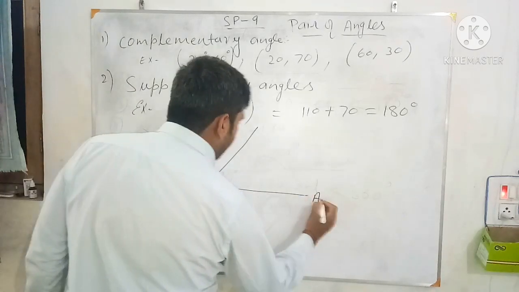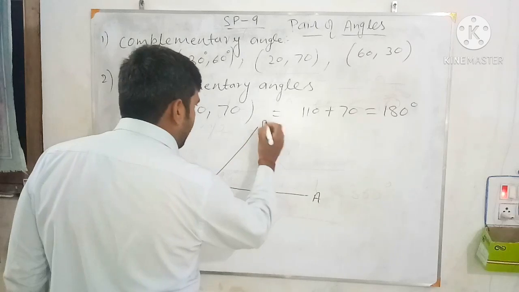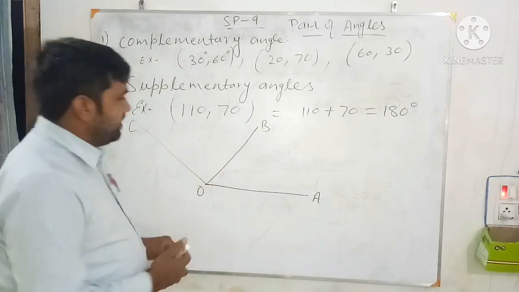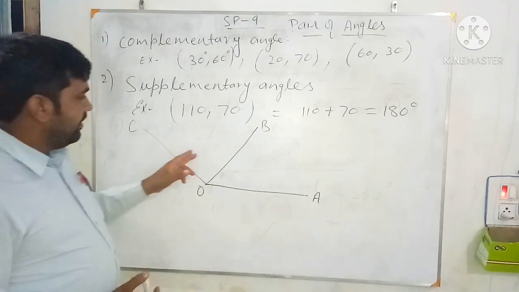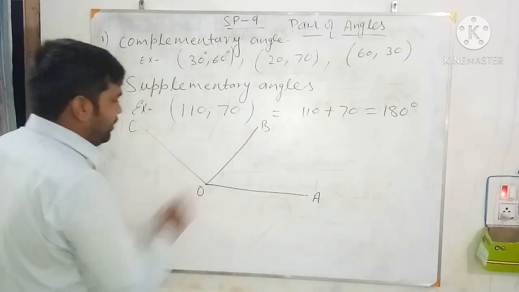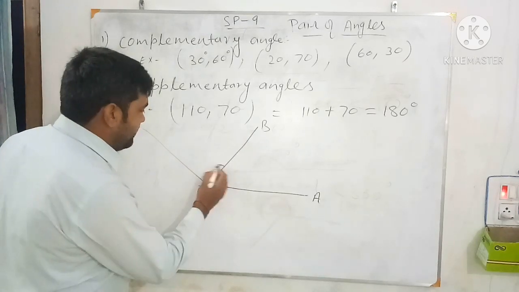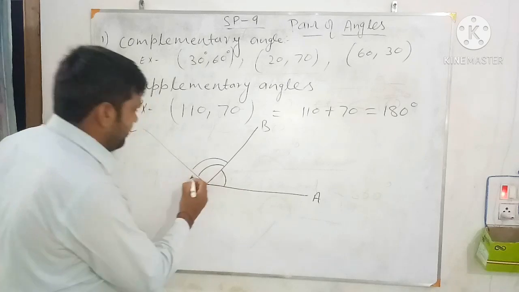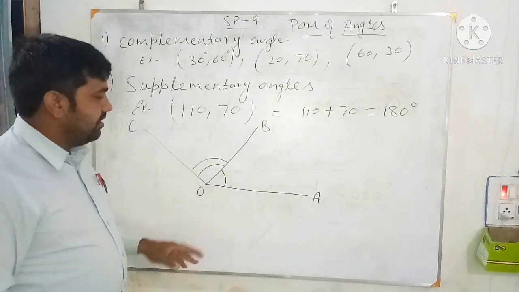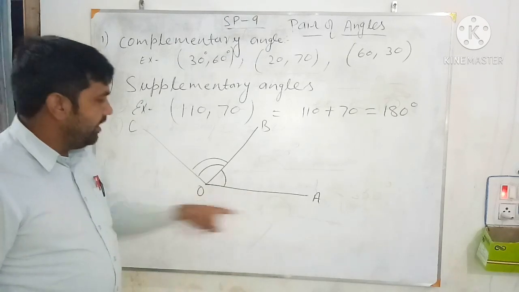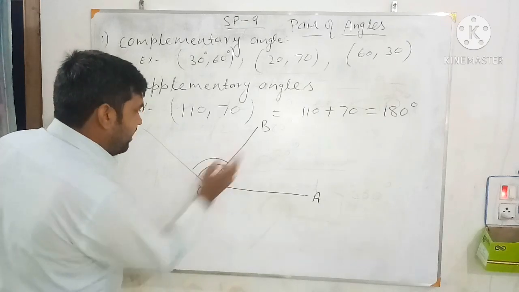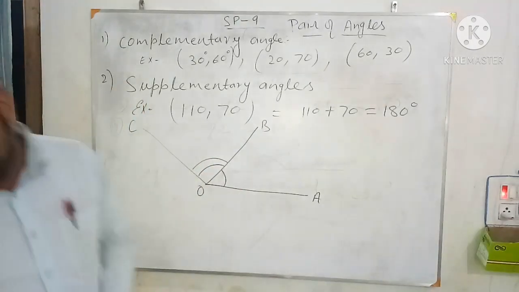So this is the angle A, O, B and C. Here, if it is asked to give the adjacent angles, then angle AOB is adjacent to angle BOC. So this is called the adjacent angle, next angle. What is the next angle after angle AOB? This is the angle AOB and next to this angle is the angle BOC. This is the adjacent angle.